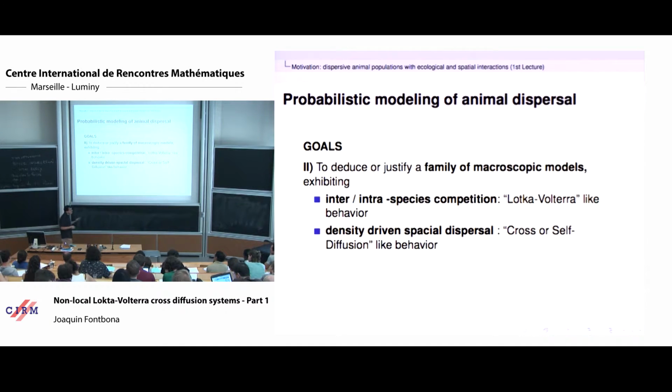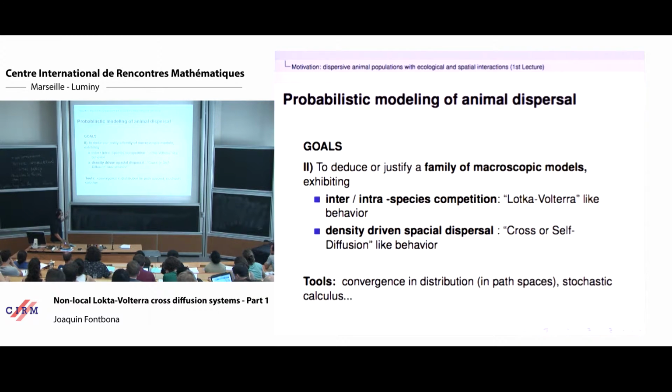So in a way they are complementary, and an interesting question is how to bring these two points of view together. Here, to get the macroscopic model, the tools we use are tools from convergence in distribution, and also stochastic calculus, for instance.